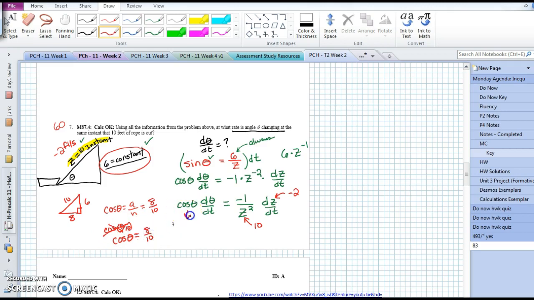So I will replace this with 8 over 10 times the thing I don't know, d theta dt, equals negative 1 over 10 squared times that negative 2. One more step, I will multiply both sides by 10 over 8.